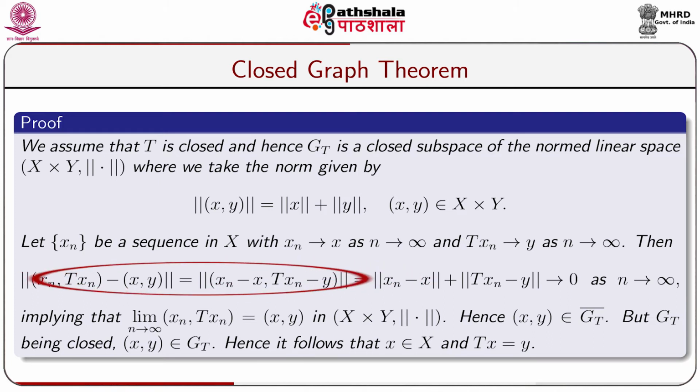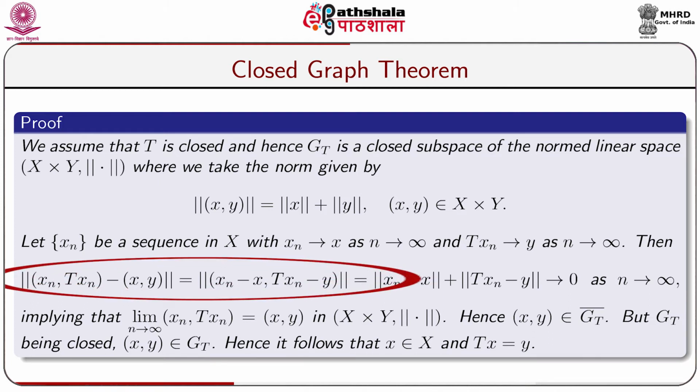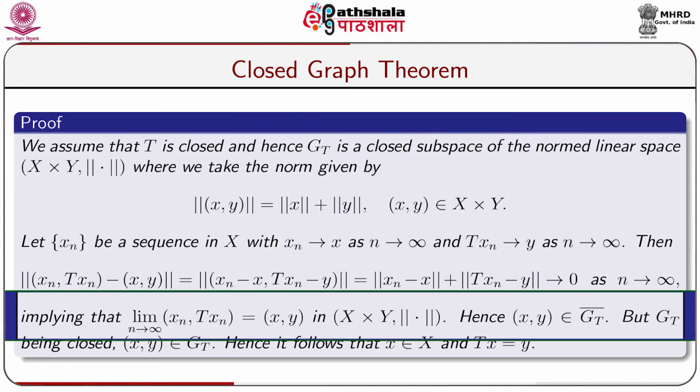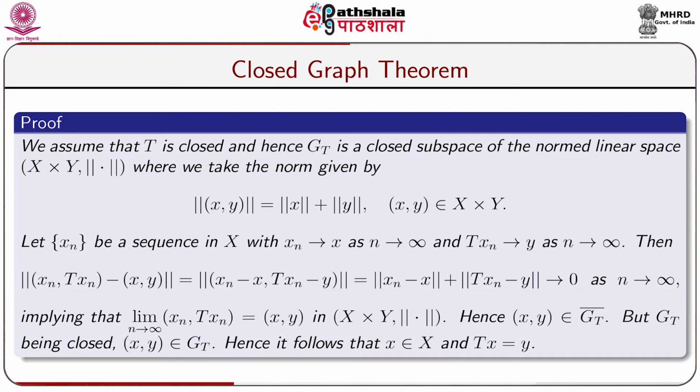Then norm of (x_n, T x_n) minus (x, y) is equal to norm of (x_n minus x, T x_n minus y), which is equal to norm x_n minus x plus norm T x_n minus y, which tends to 0 as n tends to infinity, implying that the limit of (x_n, T x_n) is (x, y) in X cross Y with the given norm. Hence (x, y) belongs to the closure of G_T, but G_T being closed, so (x, y) belongs to G_T. Hence it follows that x belongs to X and Tx is equal to y by the definition of the graph of the operator T.